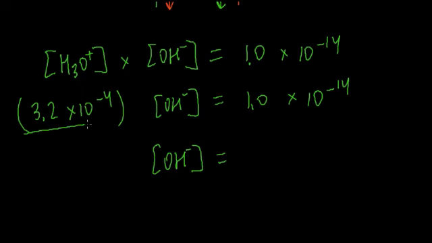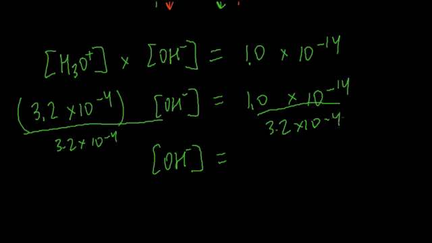We divide both sides by the 3.2 times 10 to the minus 4. We do this math, plugging this into our calculator, and hopefully we get somewhere around 3.1 times 10 to the minus 11. That's the concentration of OH, the hydroxide ion. And 3.1 times 10 to the minus 11 multiplied by 3.2 times 10 to the minus 4 better equal 1.0 times 10 to the minus 14.